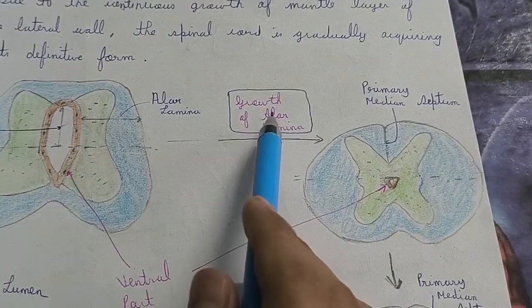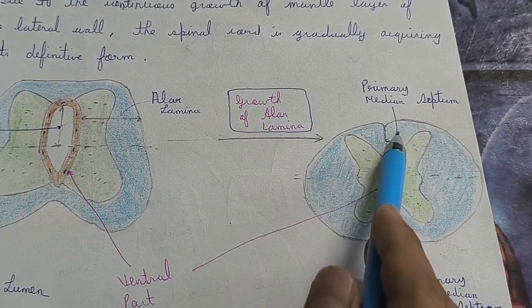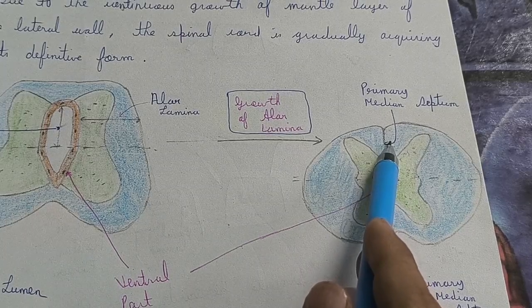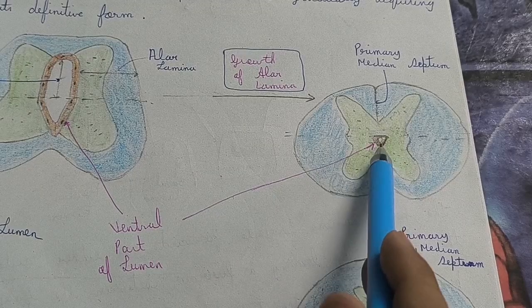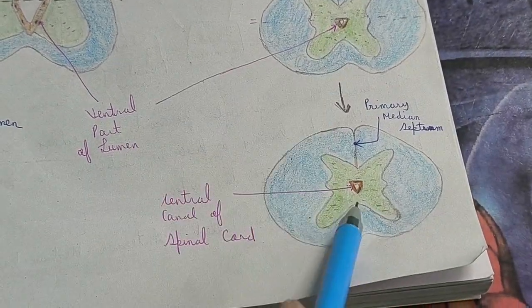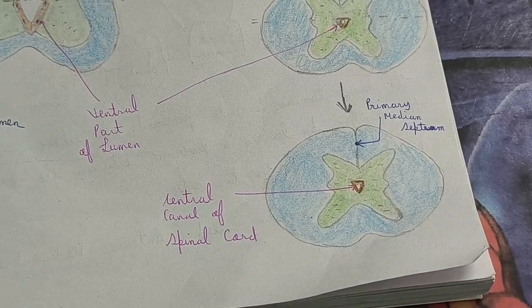Why? Because of this continuous growth of the alar lamina. This is known as the primary median septum. But the ventral part of the lumen remains, and this ventral part of the lumen gets converted to the central canal of the spinal cord.